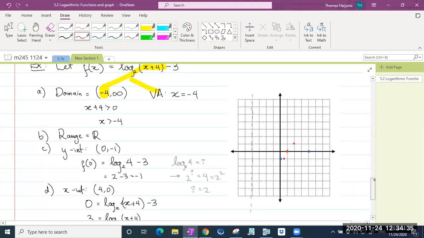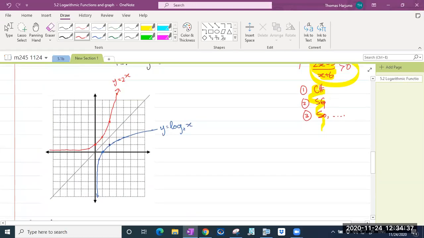Where do you get these three coordinates? From here. Remember the three important coordinates in exponential? That gives you three important coordinates in logarithmic.